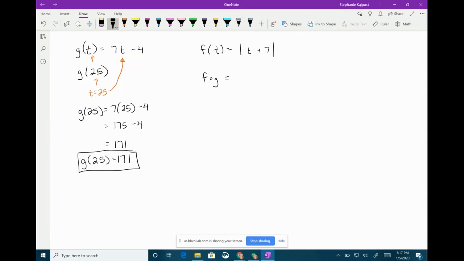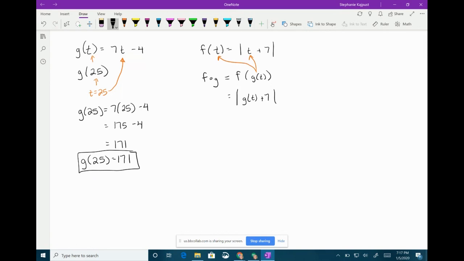So this is a function composition. This means that you're plugging g of t into f of t. So everywhere that I see t, I'm replacing it with g of t. So my function f is absolute value of t plus 7. So instead of t, I have g of t, then plus 7.